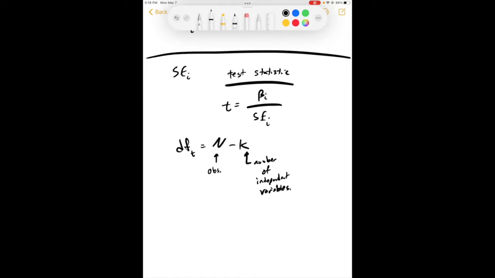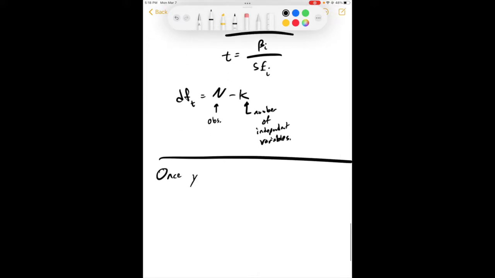And you need both, you need degrees of freedom to work with a t distribution. So once you have t, you can look up critical values, that's what they're called, critical values, from a t-table. That's how people used to do this back before we had calculators and computers.